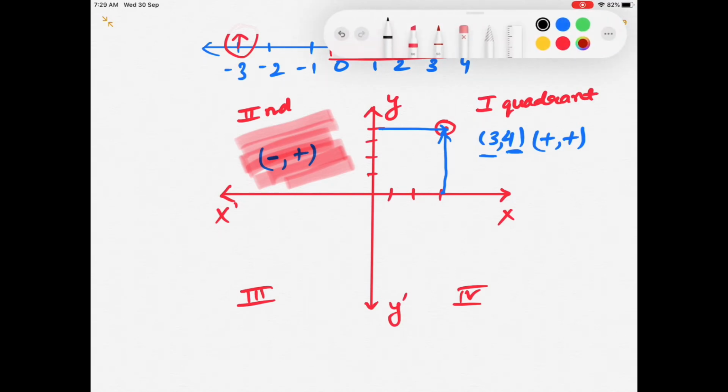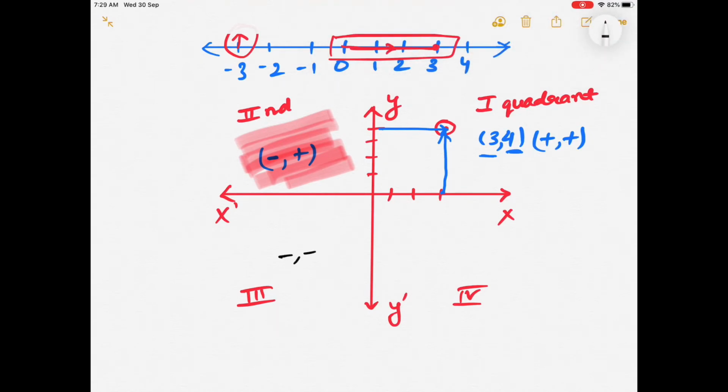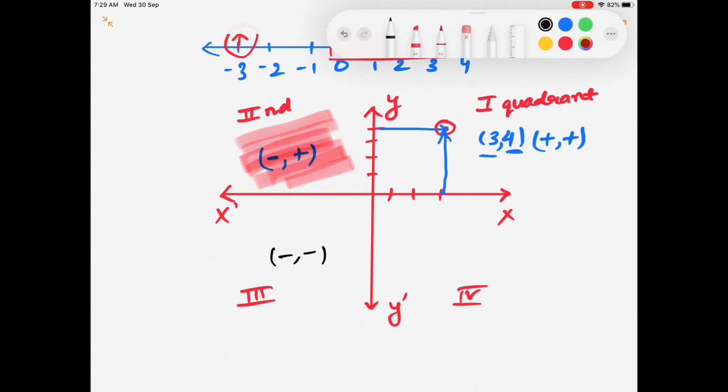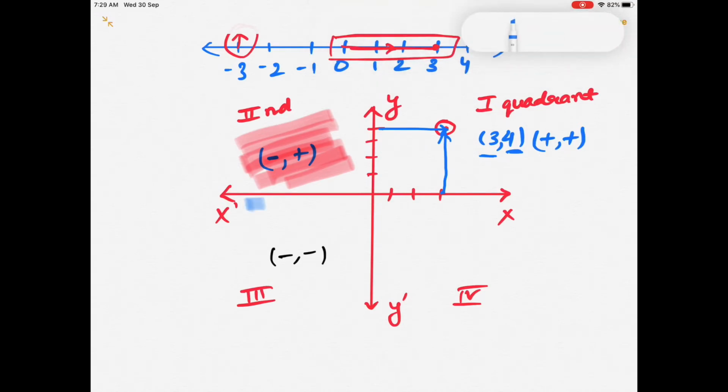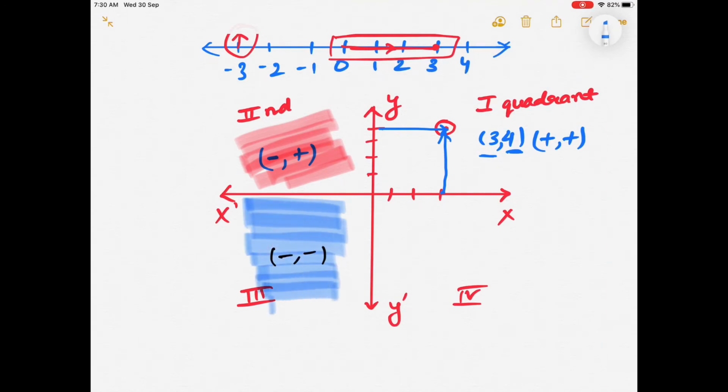In the third quadrant both of them will be negative. We can say this because the x-axis is negative here and the y-axis is also negative here. So all the points lying in this area will be (negative, negative), right?